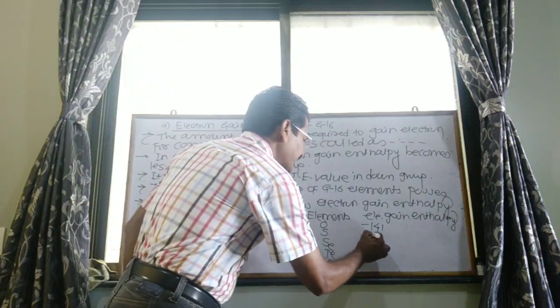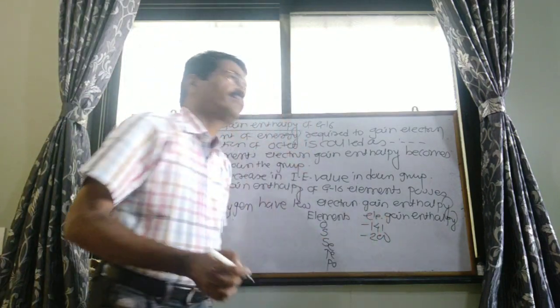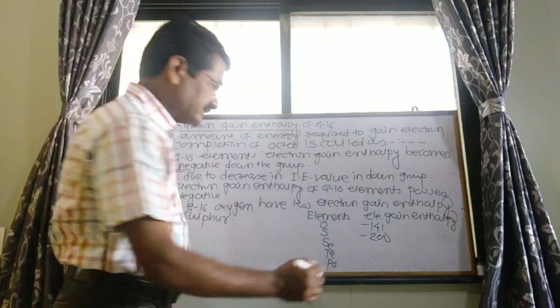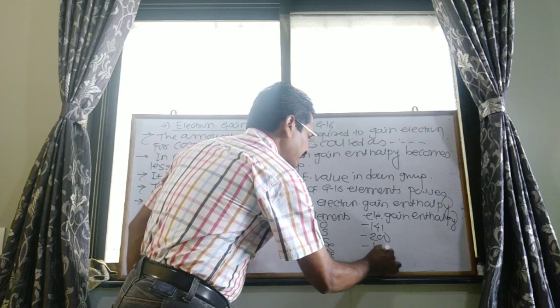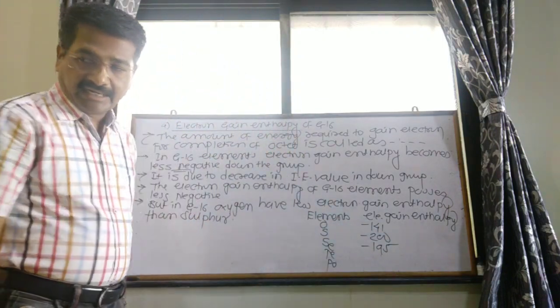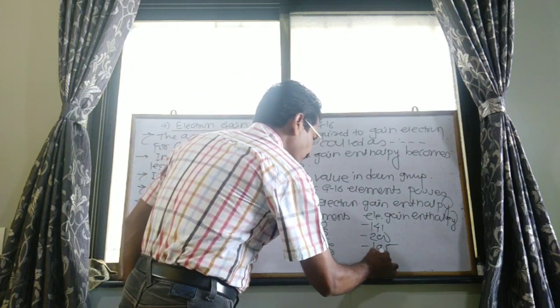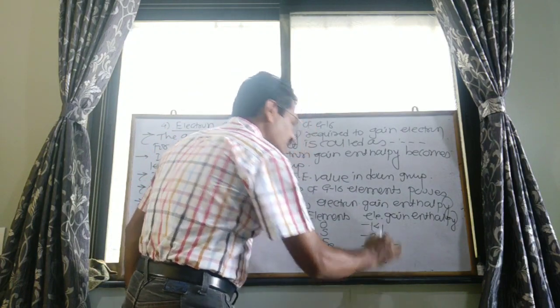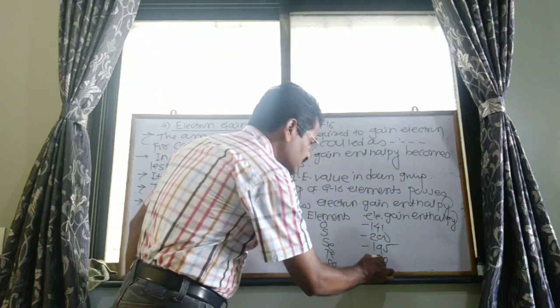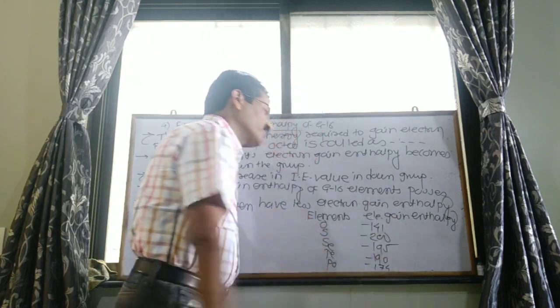Then sulfur possesses minus 200. Then minus 195 for selenium and tellurium minus 190, and the last one is minus 174.